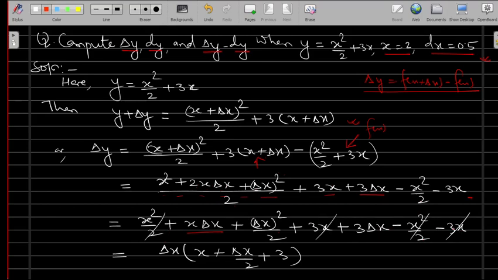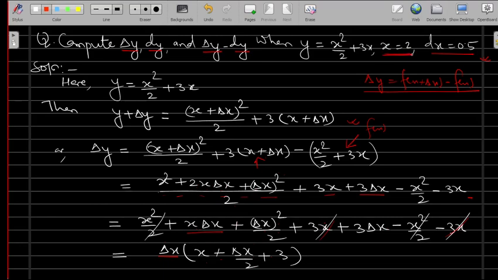The 3x terms get cancelled, and x square by 2 is also cancelled. In the remaining terms del x is common, leaving del x times (x plus del x by 2 plus 3). Or you can directly put in the values, no matter.